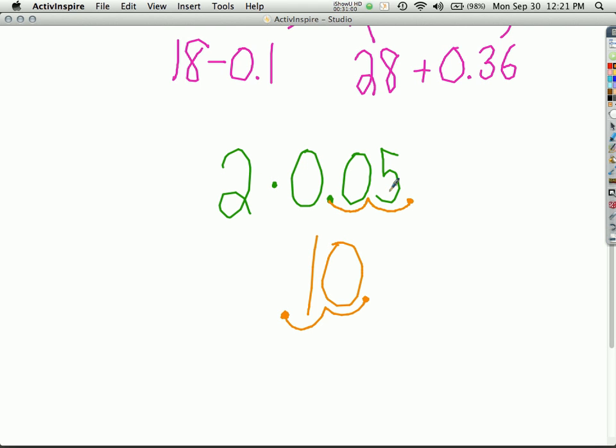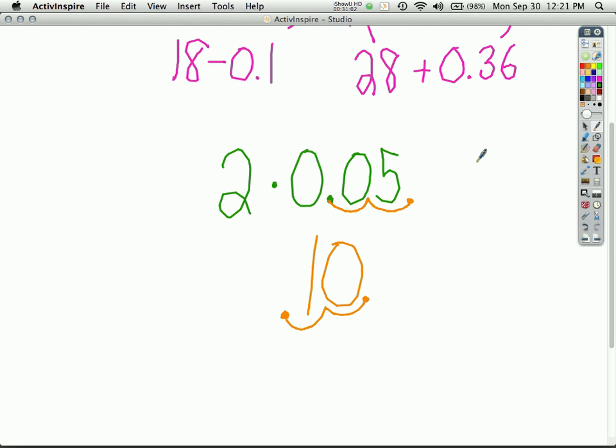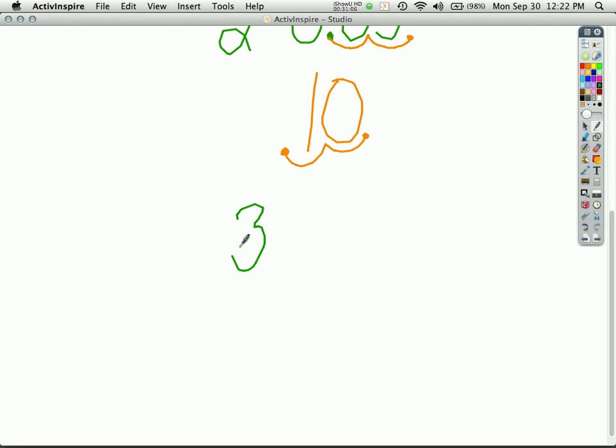So we can do 3 times 0.04. Does anyone know what it is already? We got 5 people. India? It's 0.12. So how do we do that so fast?